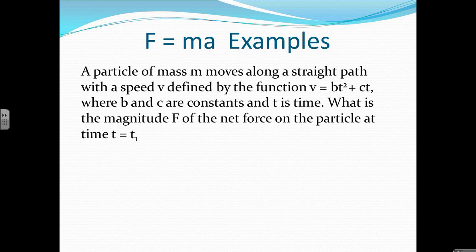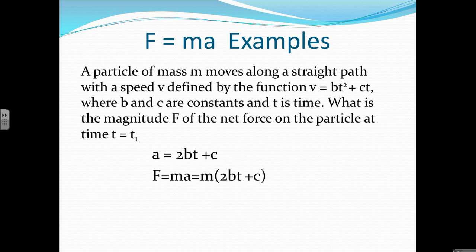So we have a velocity expression. And to find force, we need to have acceleration times mass. So the first thing we have to do is take the derivative of velocity, which will give us acceleration. So doing this, we find that the acceleration equals 2bt, which is the derivative of bt squared, plus c, which is the derivative of ct.